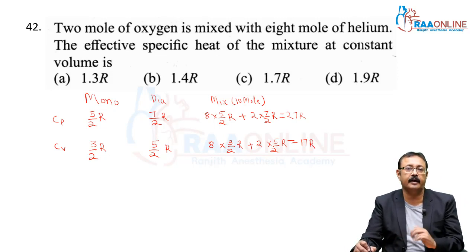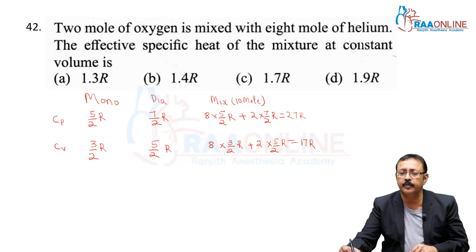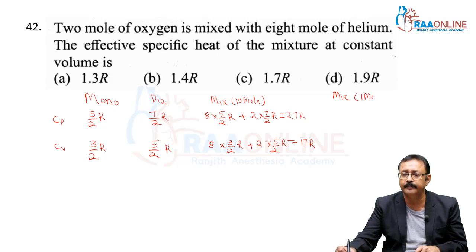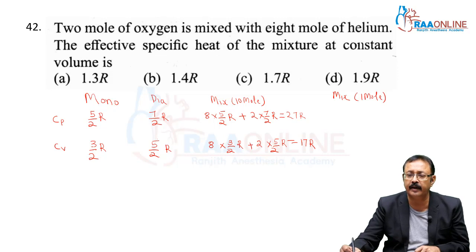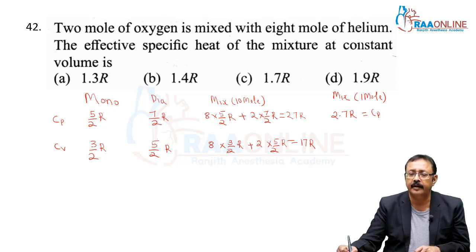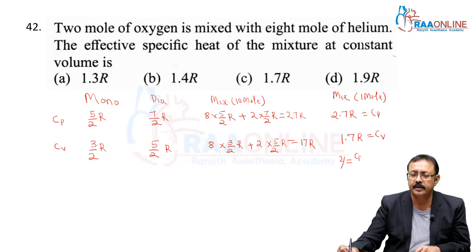It is 17 R. So now we are going to calculate Cp and Cv for the mixture. Cp and Cv mean energy required for 1 mole. For 10 moles it is 27 R, so for 1 mole it should be 2.7 R. It is Cp for the mixture, and Cv is 1.7 R. Therefore, gamma for the mixture is Cp by Cv, 2.7 divided by 1.7.